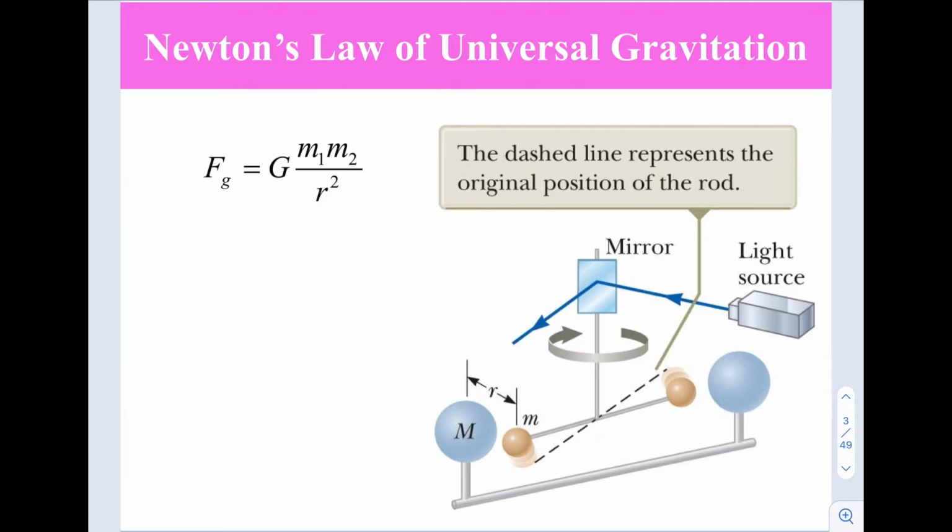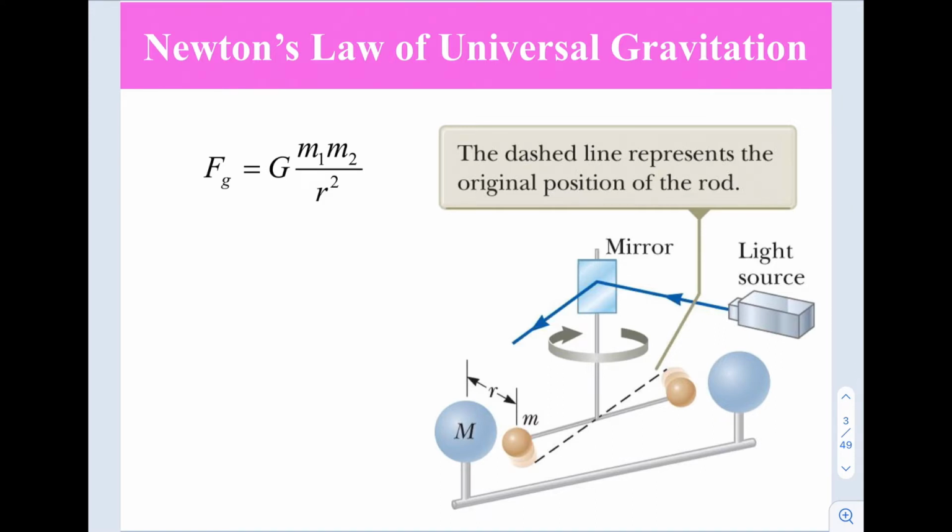Now, how the value of G is deduced is by this kind of experiment. This is what we call the Cavendish setup or experiment, where it has a set of small spheres, brown color here, with a small mass m, tied to a light string, with a mirror attached to it, that is going to measure the angle of deflection of light.